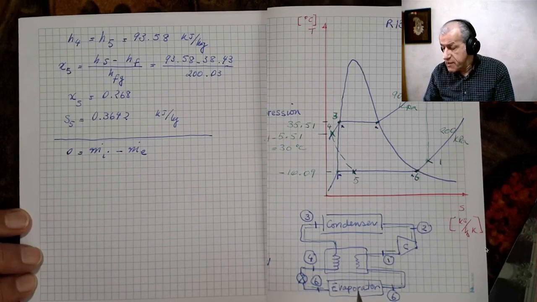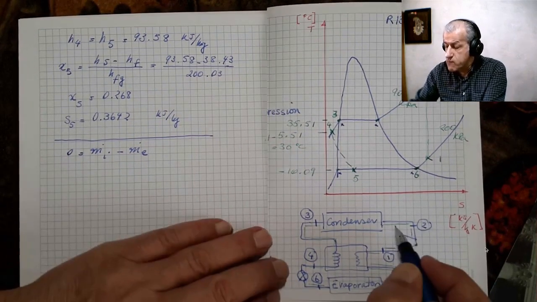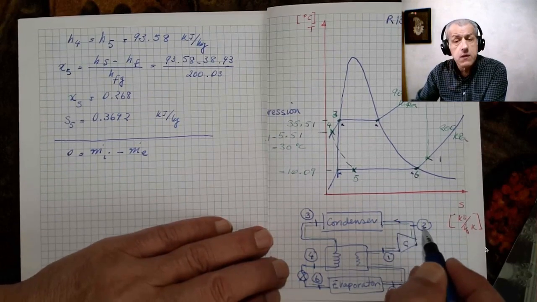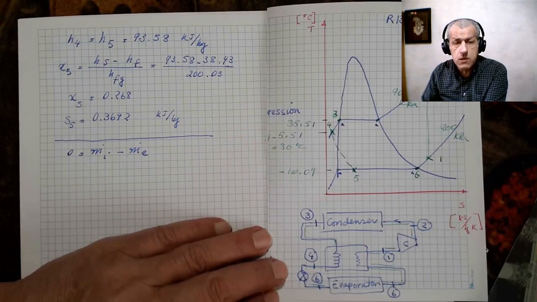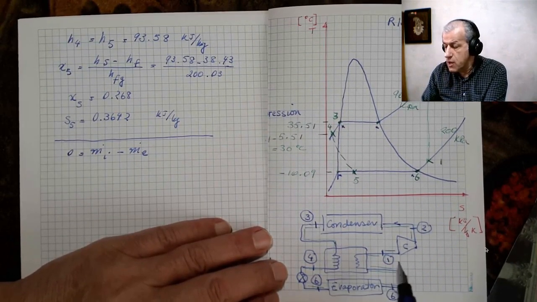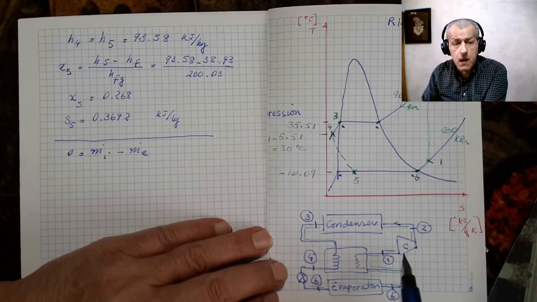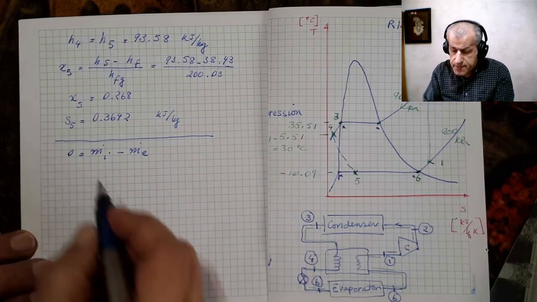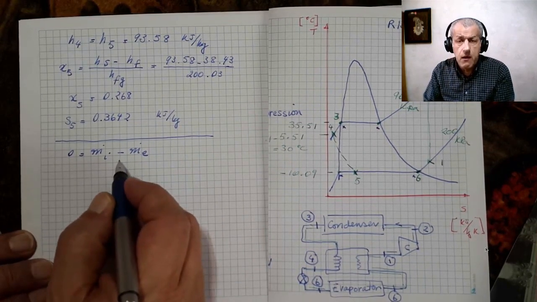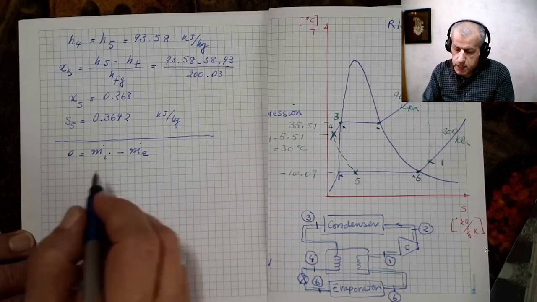Just for example, if you want to write it for the condenser, you may put I as 2 and E as 3, and the equation would be valid. If you wanted to write it for the compressor, I would be 1 and E would be 2. So this is just general for all components.